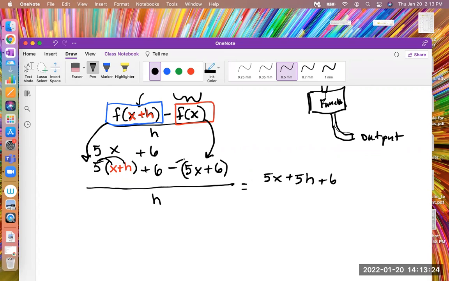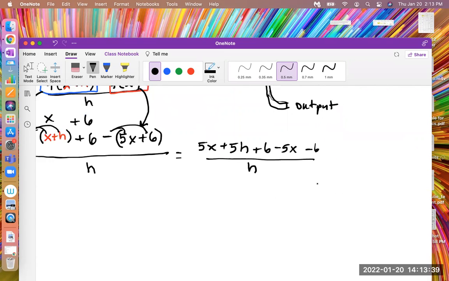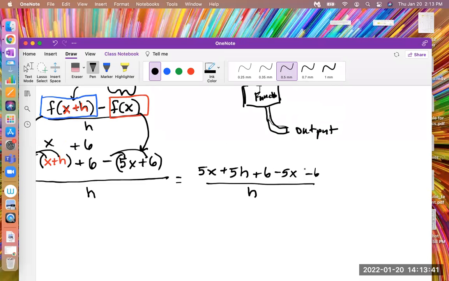And then I'm going to distribute the negative sign, so they're going to become negative 5x, and it's going to become minus 6, all over h. So these 5x's are going to cancel, and these 6's are going to cancel. I just get 5h over h, which simplifies to be 5.